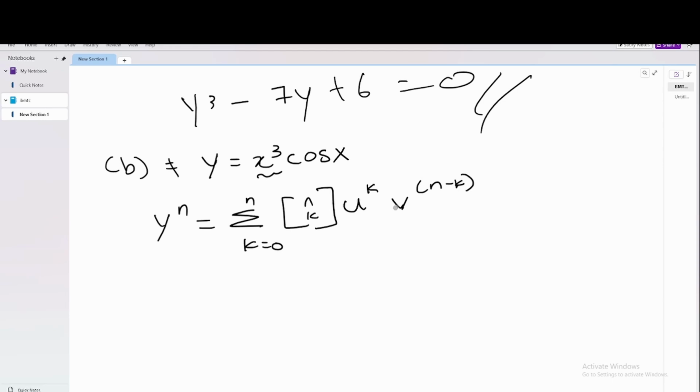Here we can take x cube as u, cos x as v.